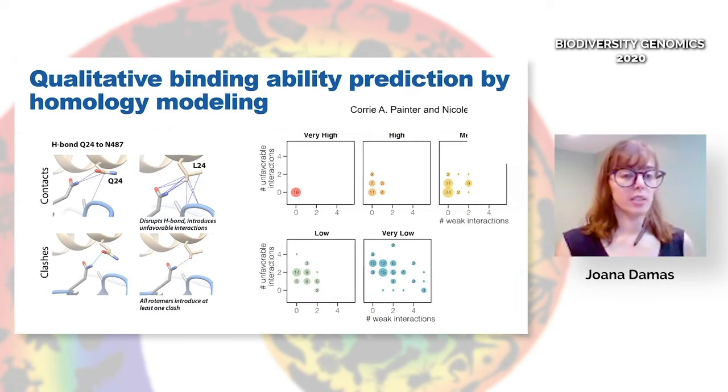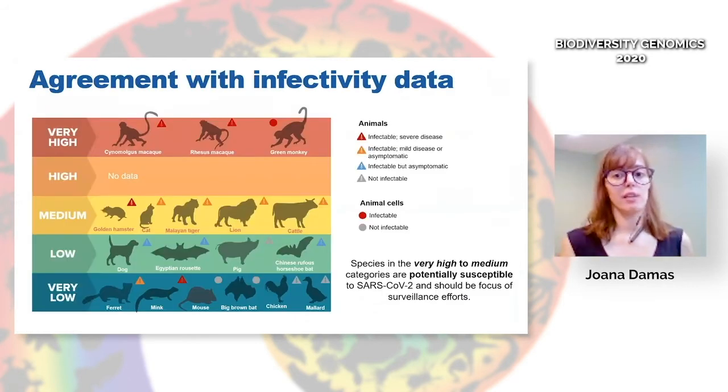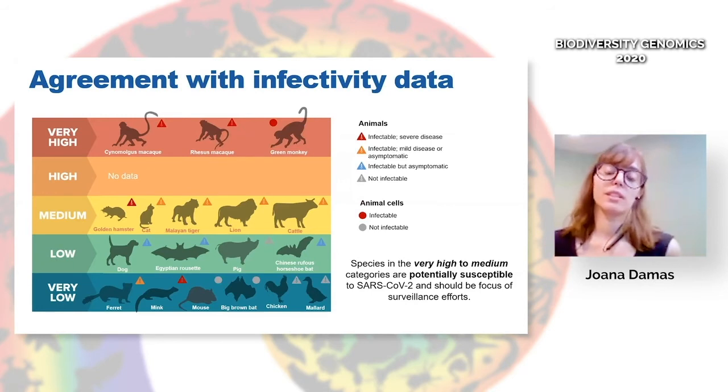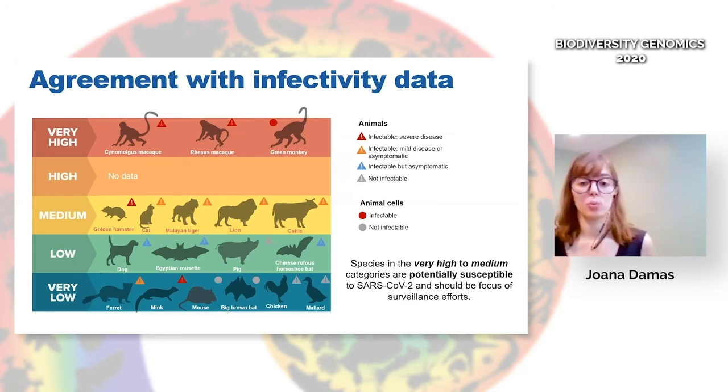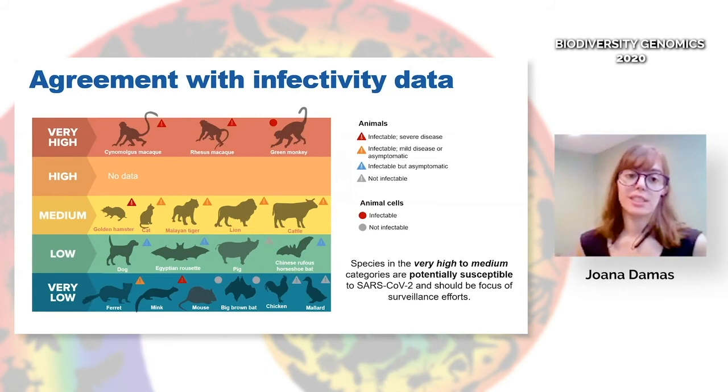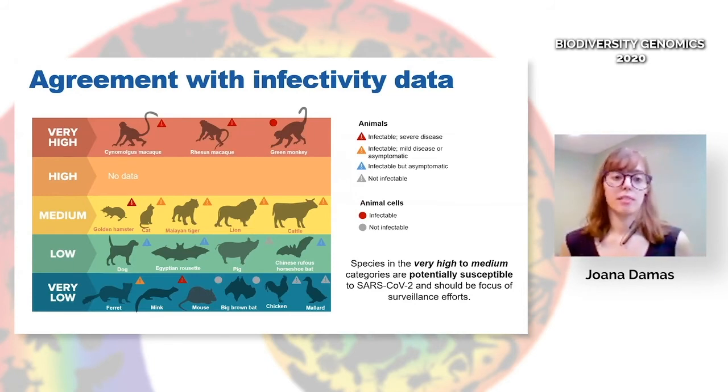Our results are also highly in agreement with the existing infectivity data. Here I'm just presenting data from experiments in animals or in cells that were derived from the species we are looking at, not experiments that had human cells expressing other species' ACE2 proteins. As you can see from here, all the species in the very high category are infectable and present severe symptoms similar to human symptoms.